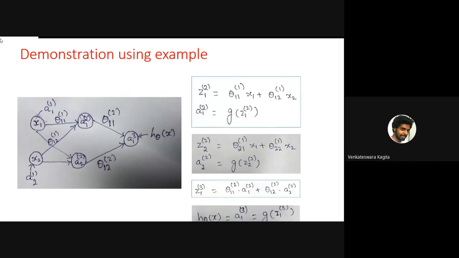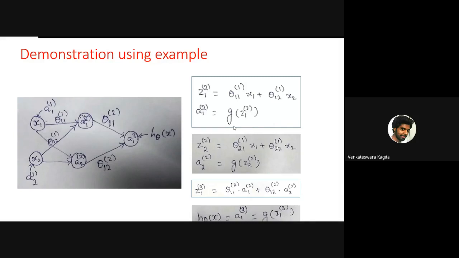We'll verify that. Okay. So for that demonstration, I just took a simple example with 3 layers again: an input layer with 2 units, a hidden layer with 2 units, and an output layer with 1 unit. I avoided the bias term for simplicity. Initially we are setting A_1^1 to x1 and A_2^1 to x2, that is, layer 1 is the input layer.